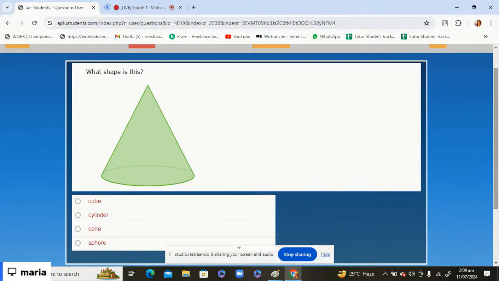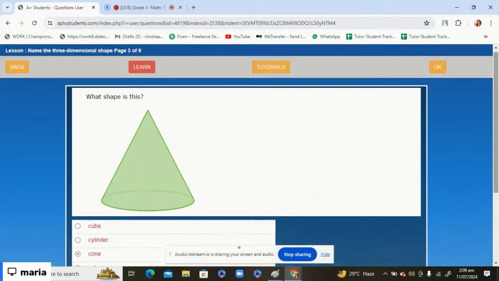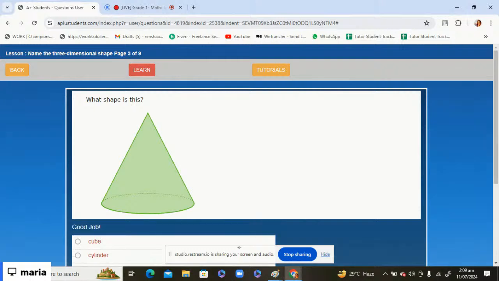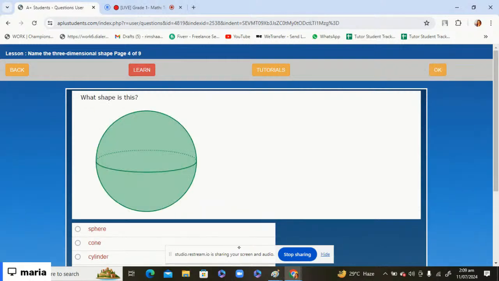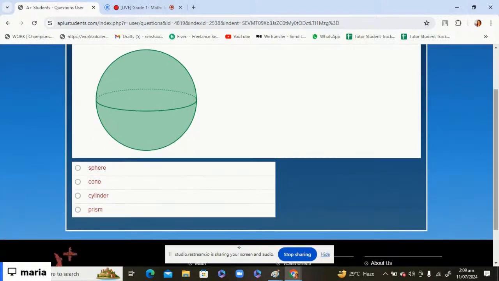So this is basically a cone. Okay, now you guys tell me what is the answer of this one.